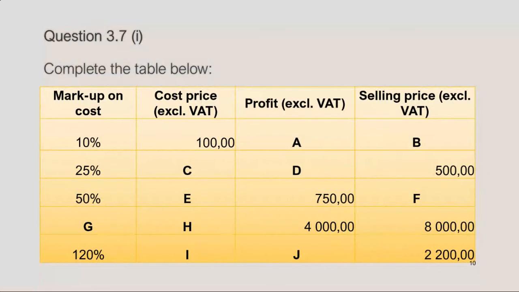Because I'm just going to repeat that. If my cost is 4,000 and my profit is also 4,000, what is my markup on cost percentage and how do I calculate it?